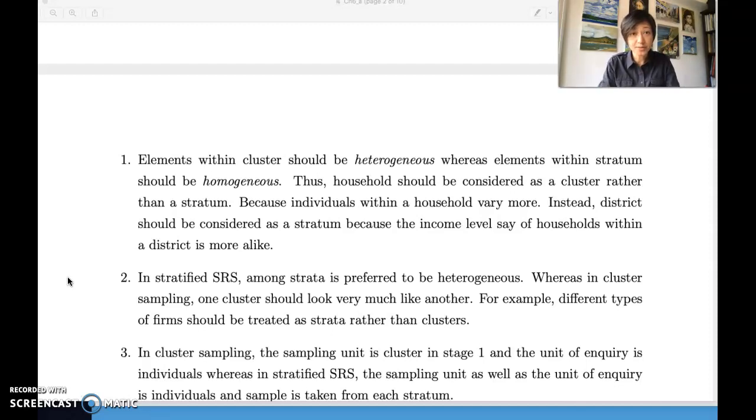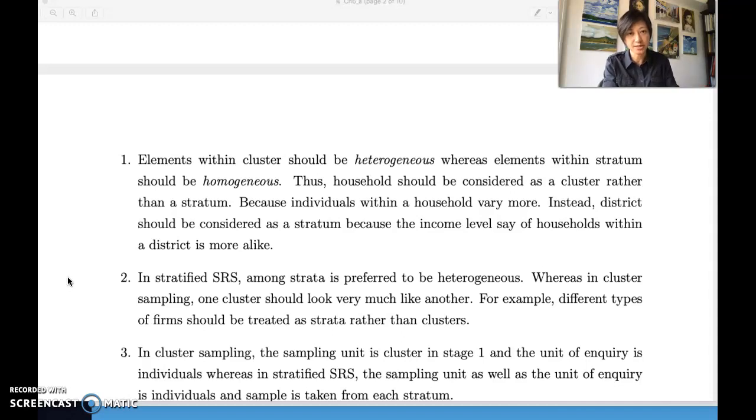Whereas for stratified random sampling, we want the elements within the stratum itself to be more homogeneous. So let's say I'm looking at the average income, a very good example that I always mention. If I'm interested in looking at the average income, then I divide the population into different districts. Within the district, the household income would be more or less similar, or the affordability of the people living in the same district would be more similar.